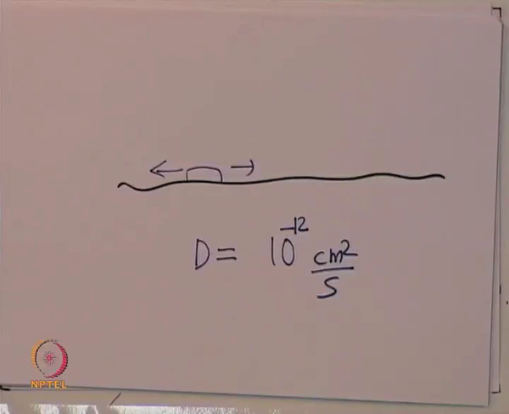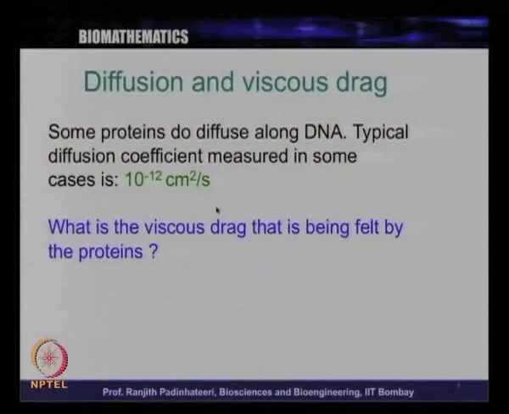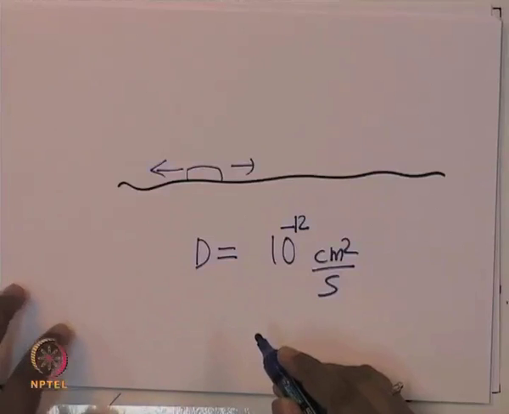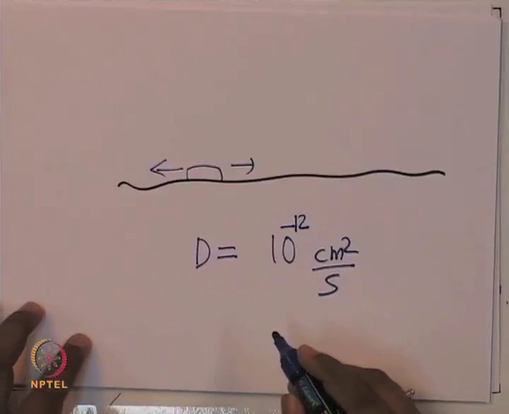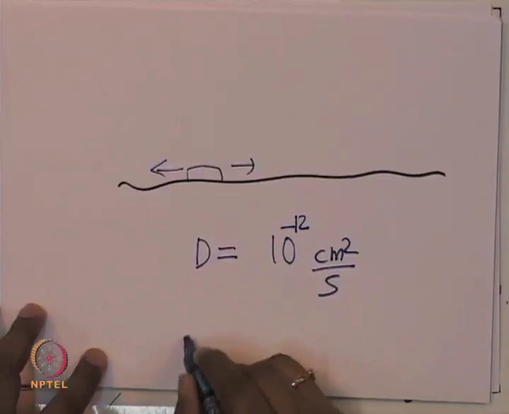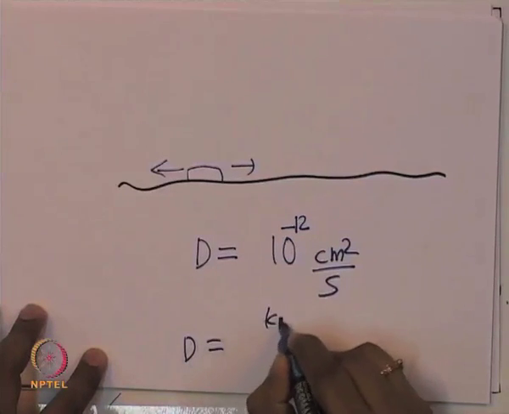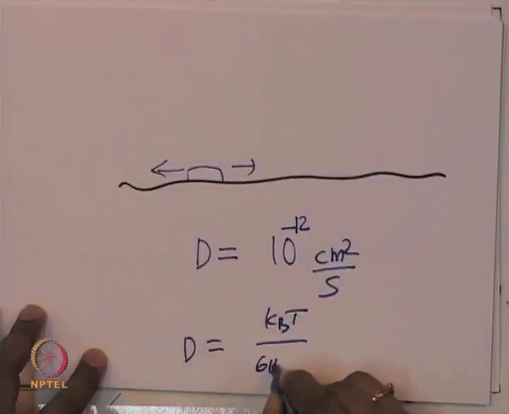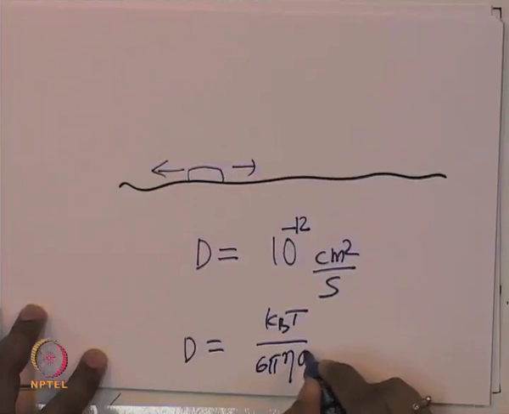Now, what is the viscous drag? We have learnt the famous Einstein's relation, which said that D is k B T by 6 pi eta a. This part we can call viscous drag.